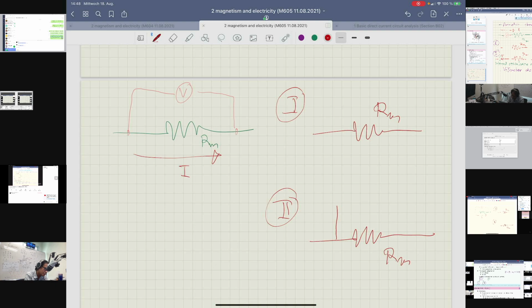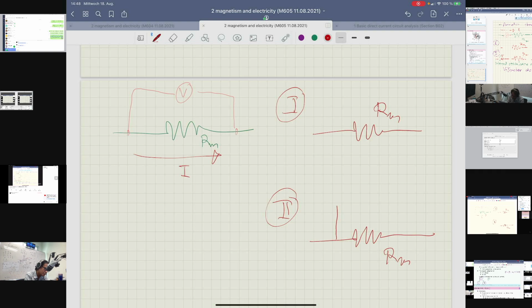That's the product divided by the summation. When you have two resistors in parallel and you want to combine them into a single resistor, it's going to be the product divided by the sum, like this.